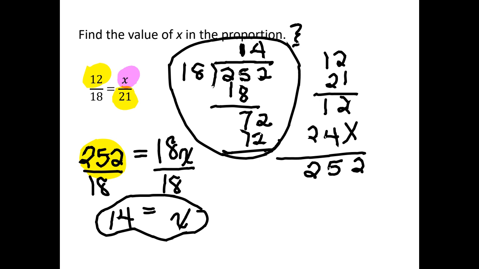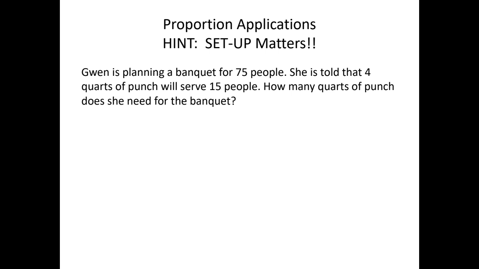Now, this is where we're coming to the end, and we have story problems. And notice what my hint is. Setup matters. Oh, yes, it does. Now, let's figure this out.